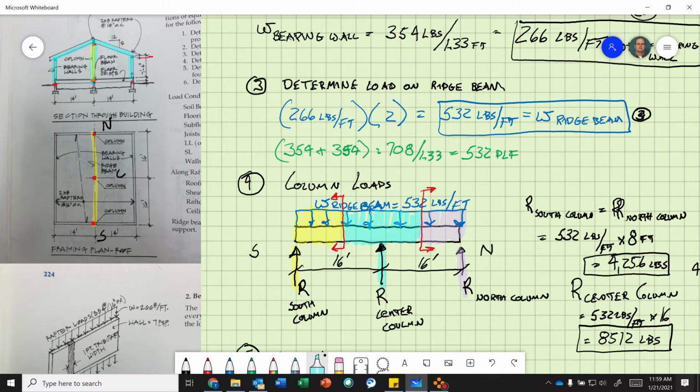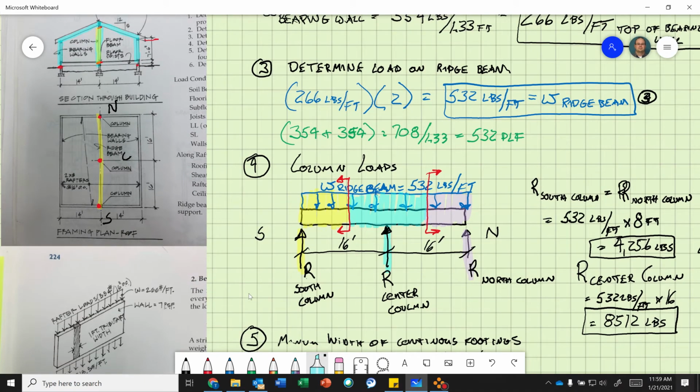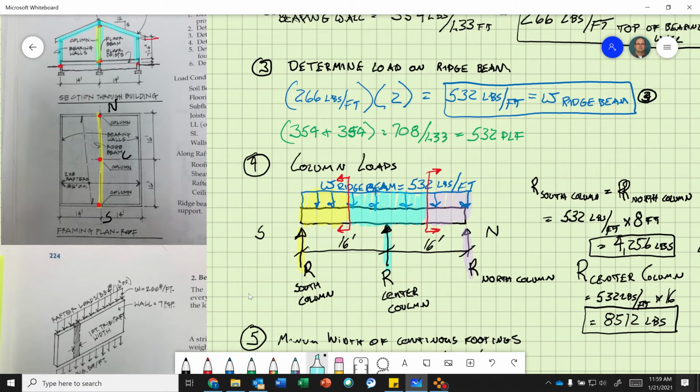So now we're at the floor level. As you notice, we have to keep adding the loads up. We're continually adding the loads. Okay, so we're still on problem 5. All right, so now we have the floor. We have to get these loads. We got half over here, half over here, half over here, half over here.